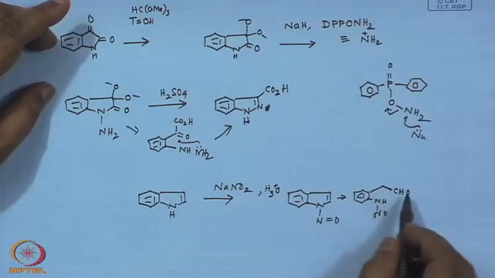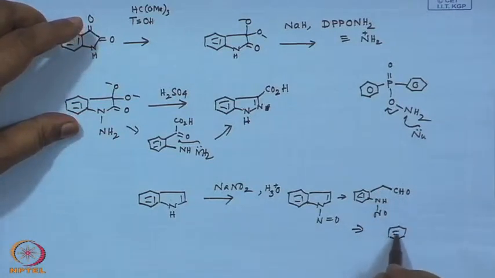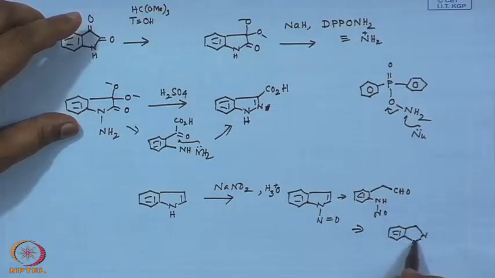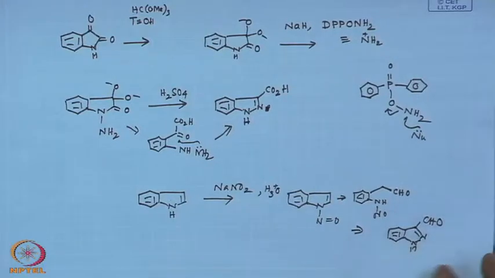So, this would immediately cyclize to the indazole here, and then basically you will get the 3-formyl indazole, just like the previous example. When you treat this toluidine with sodium nitrite, it gives the indazole. Okay.